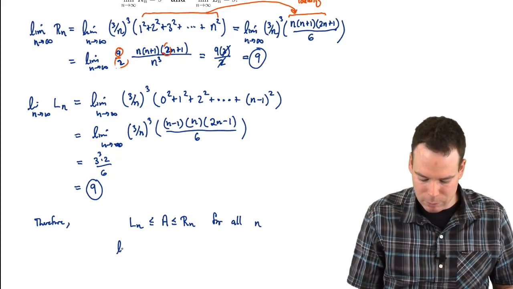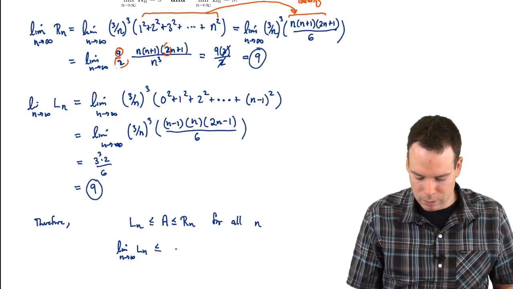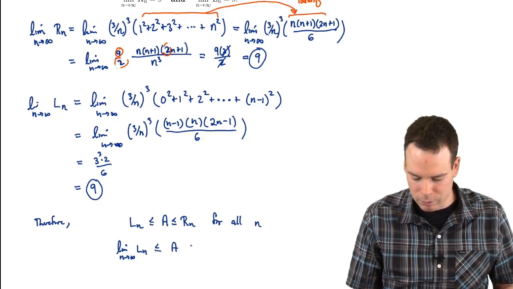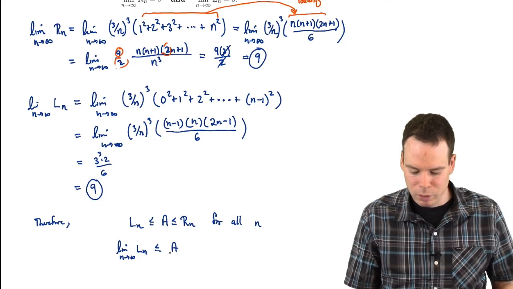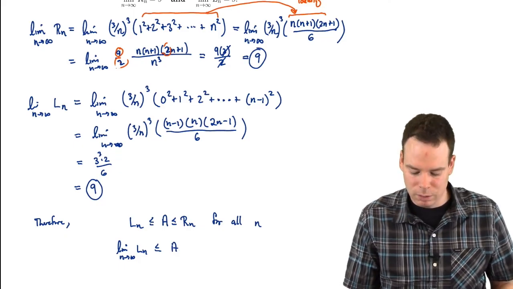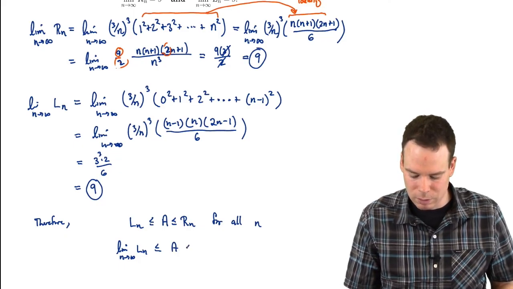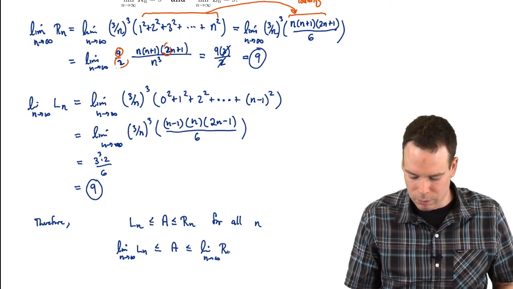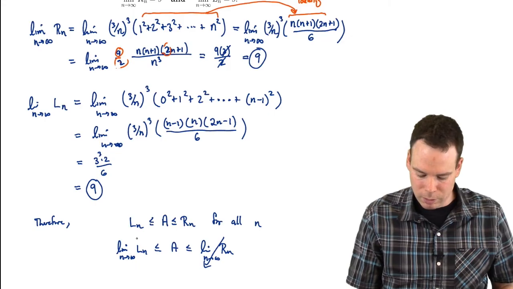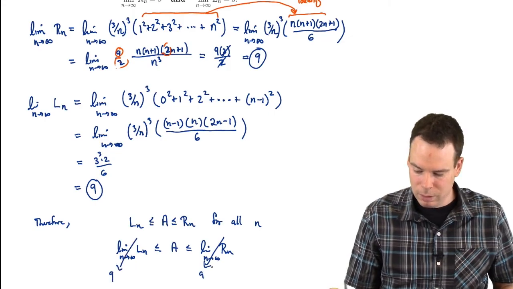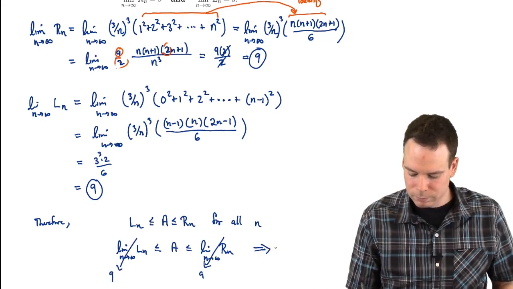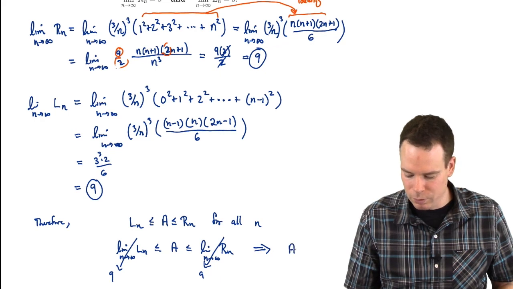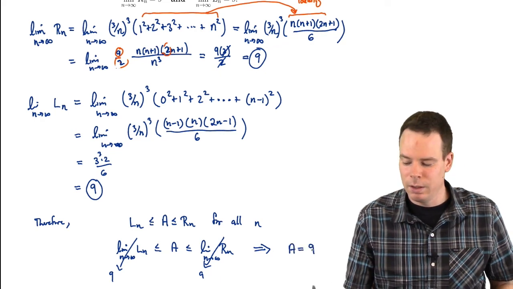Well, it means that the limit as n goes to infinity of Ln has to be below the value of A. A is constant, so I could really stick a limit in front of it, but it's not going to change anything because it's just a constant number, and it is also less than the value of this limit. These are both going to 9, and so therefore this implies that the value of A is 9.